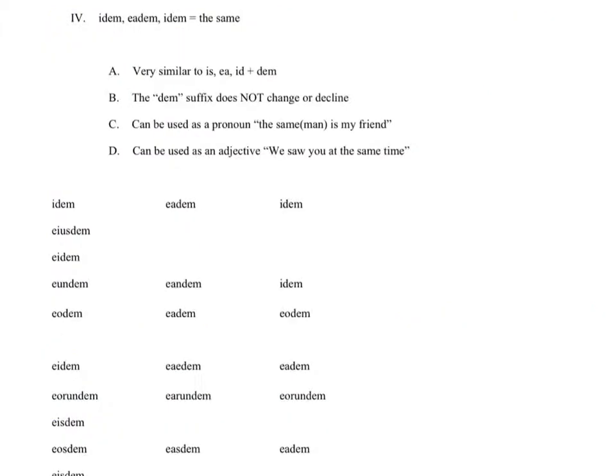Next topic is the form idem, eadem, idem, which translates as "the same." It literally means the same. It's very similar to the forms that you've already learned before, is, ea, and id, except it adds this suffix -dem to the end of it.